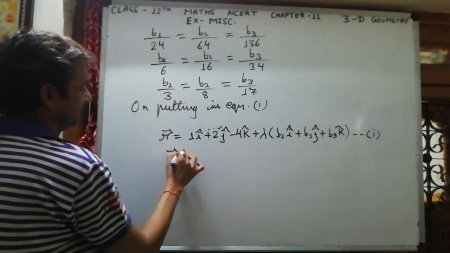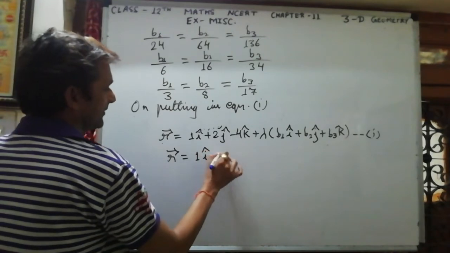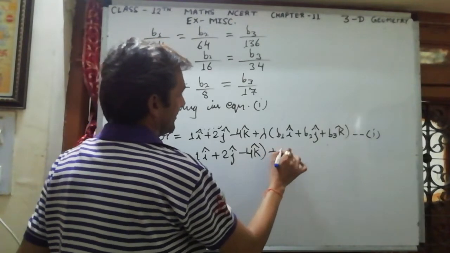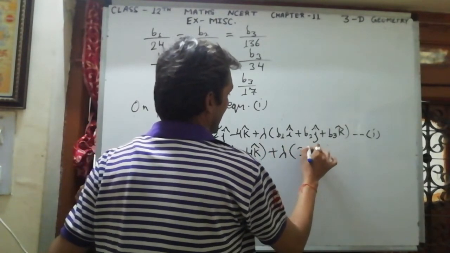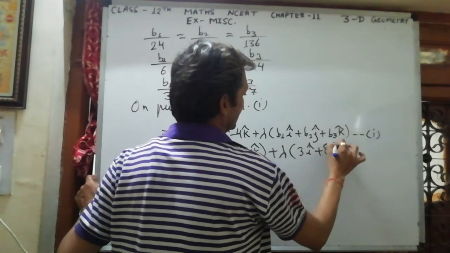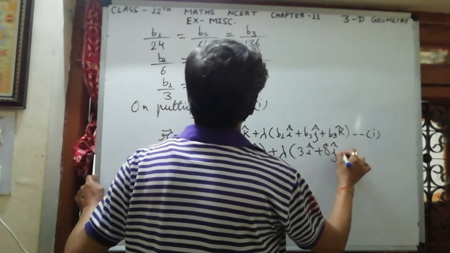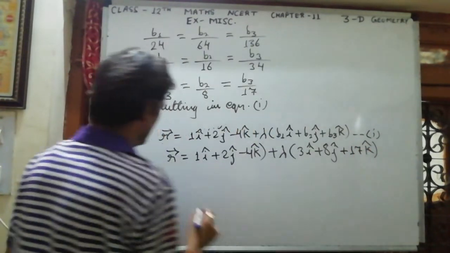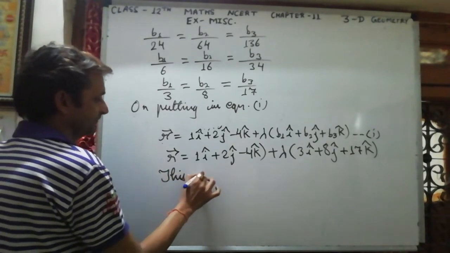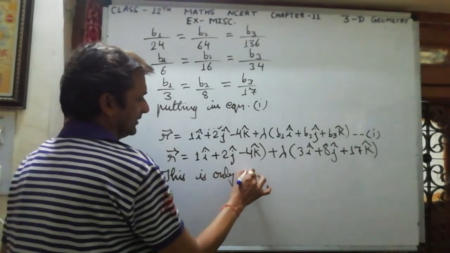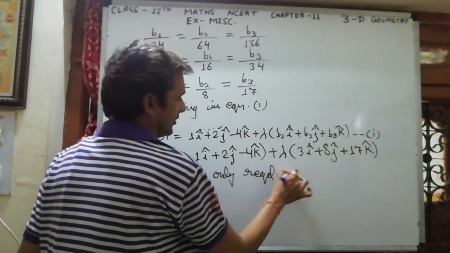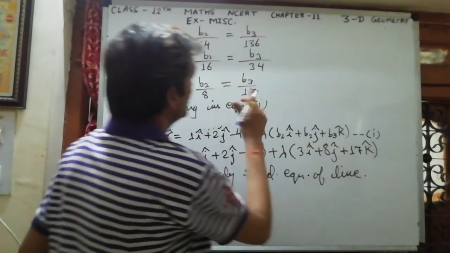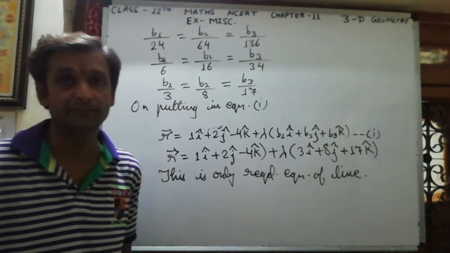So r vector is equal to 1i plus 2j minus 4k plus lambda into 3i plus 8j plus 17k. This is the required equation of the line. So this question is also now over.